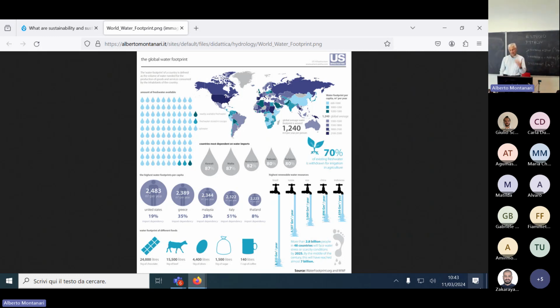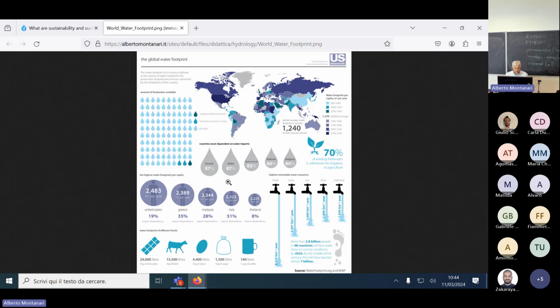But if we look at the current footprint, the map, you see that the distribution is still uneven. Of these 3 drops of fresh water, only 1 drop can be used by humans. The other 2 drops are glaciers, ice caps. Still, there would be enough water. Okay. Another interesting information given by this picture: 70% of existing fresh water is withdrawn for irrigation in agriculture.